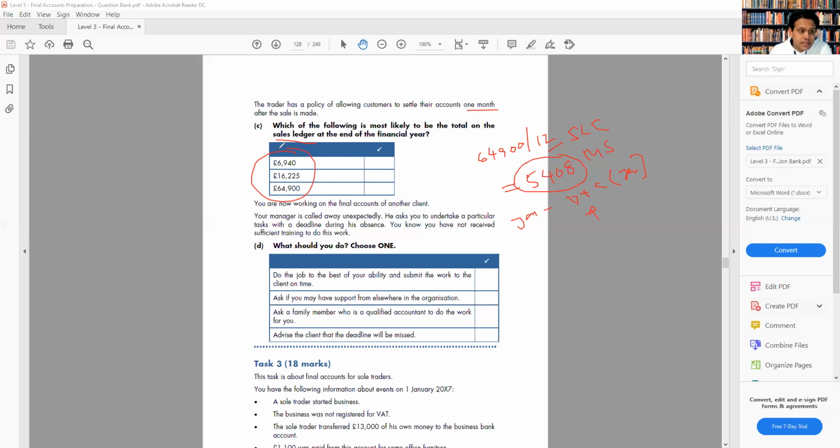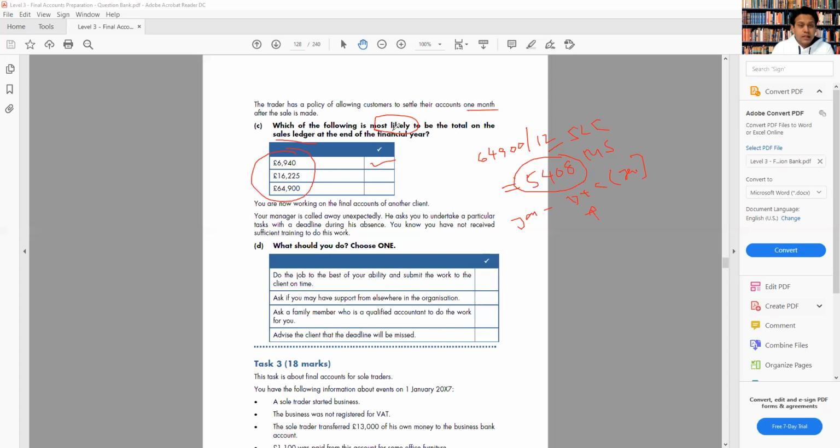So obviously you can see, as we said, it will be obsolete, but we understand even if my sales increase a little bit, that will be 6940. That is the closest one. So my sales for this year is 5,400. Maybe it will increase to 6,900, but it cannot be like 16, it cannot be like 64.